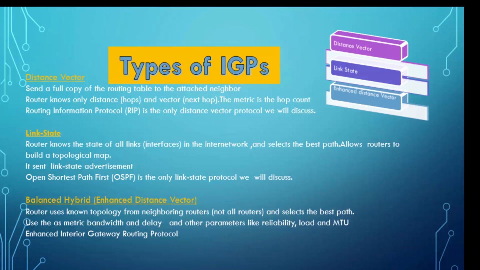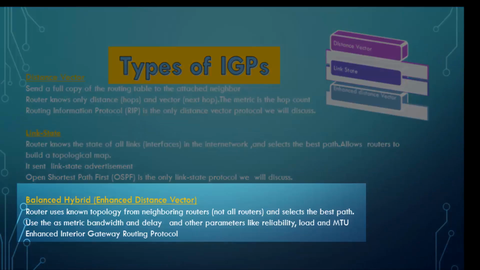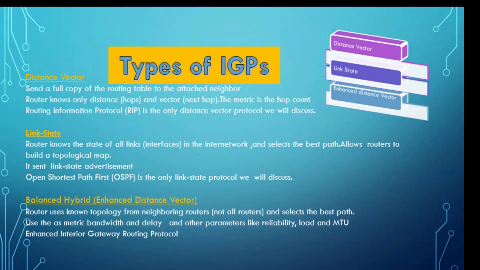We're also going to be talking about enhanced distance vector, balanced hybrid, that is specifically EIGRP. The routers use neighbor topology, not all routers, and select the best path. It uses as a metric bandwidth and delay, as you saw, and other parameters like reliability, load, and MTU in EIGRP. That was the example that I showed you previously, guys.